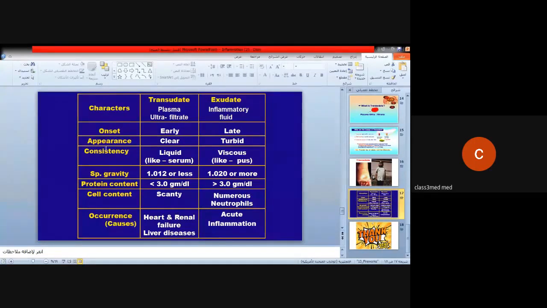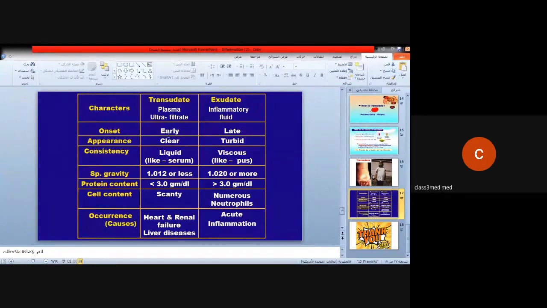The appearance: transudate is clear, serum-like, while the exudate is turbid due to the cellular debris and numerous neutrophils.